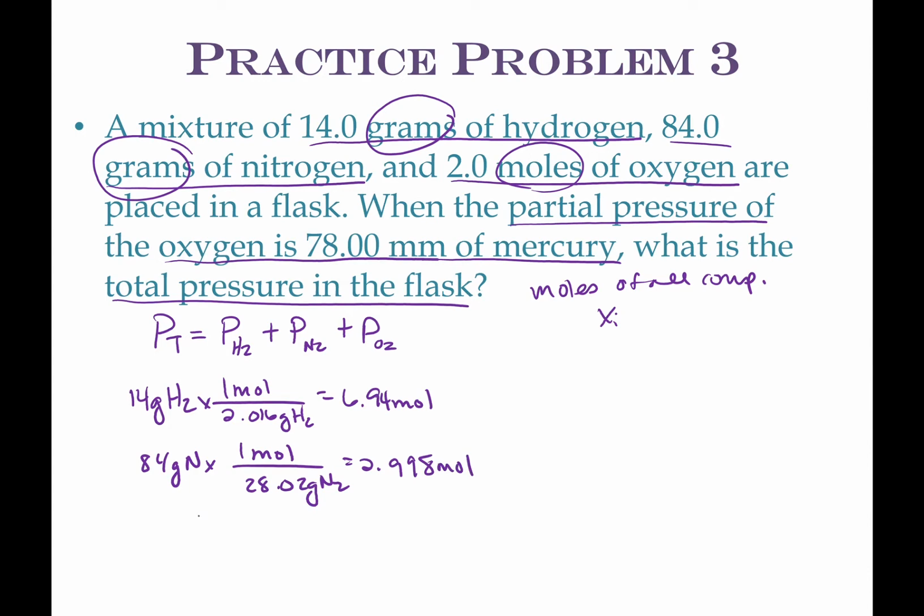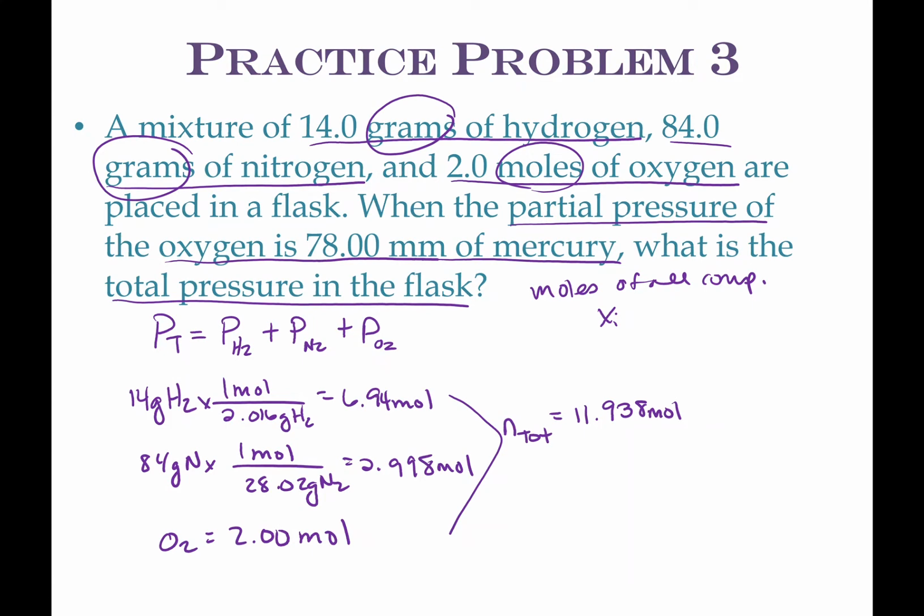All right, and then we have moles of oxygen. We were given as 2.00 moles. So I can add these up and get n total. So 6.94 plus 2.998 plus 2 is 11.938 moles total.